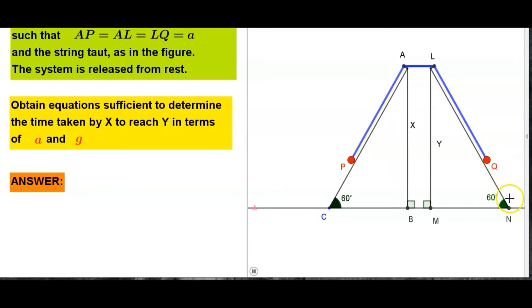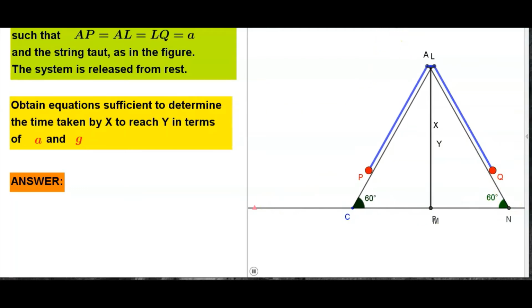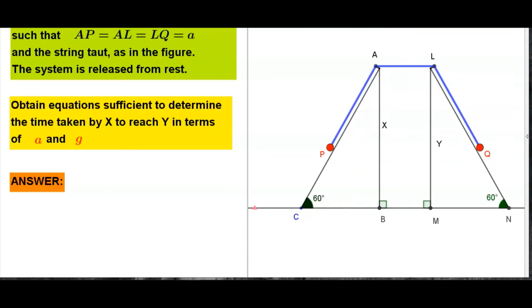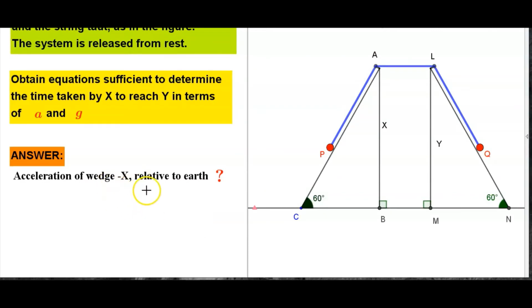Let the acceleration of wedge X relative to Earth be capital F, in the horizontal direction.